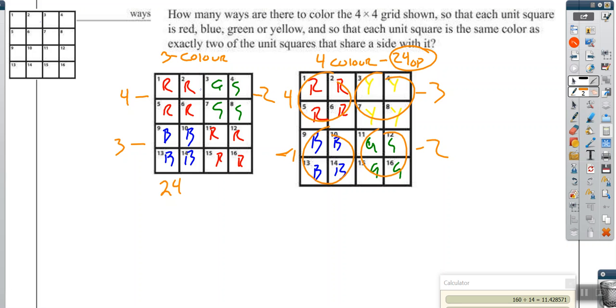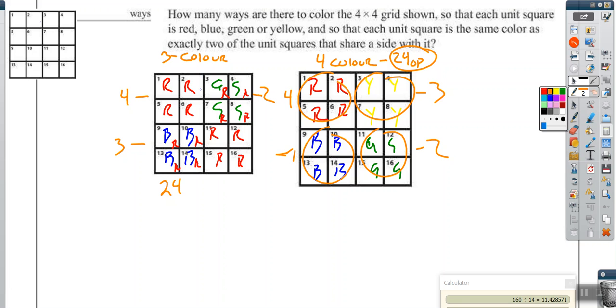But here's the thing. I can use the same basic pattern, except I can actually switch the block colors. So I could go R, R, R, R, R, R, R, R. So that would double the amount of possibilities.